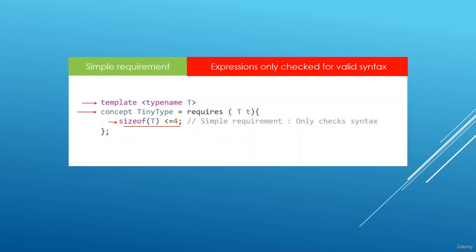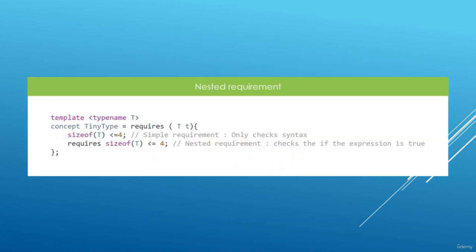And if you pass something smaller than an int in a function template with this concept, this is going to be valid C++ syntax, so the concept is going to work. So now you must be asking, how can I enforce for the value of this expression to be true using concept? Well, for that, you will have to use nested requirements.